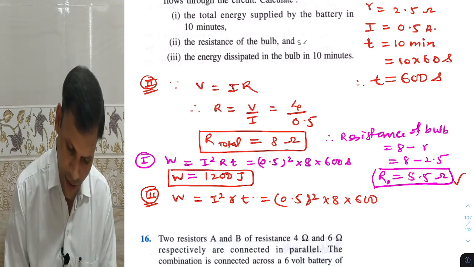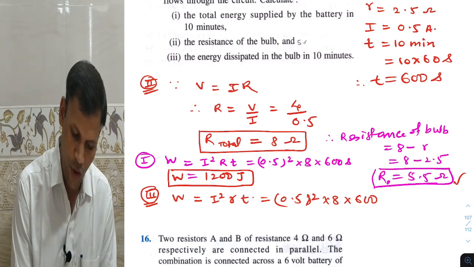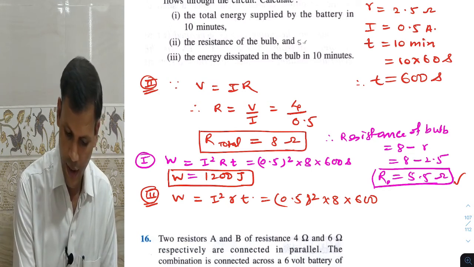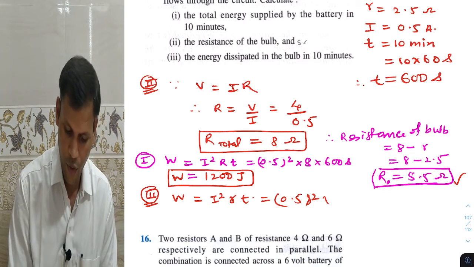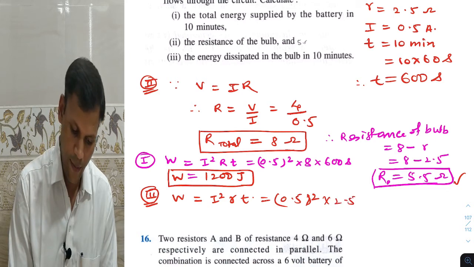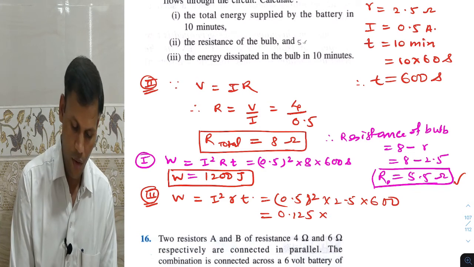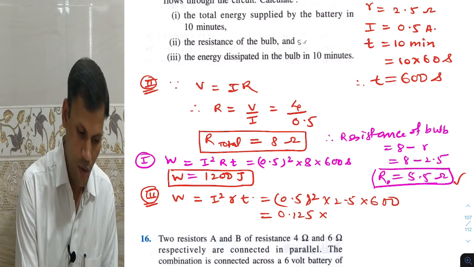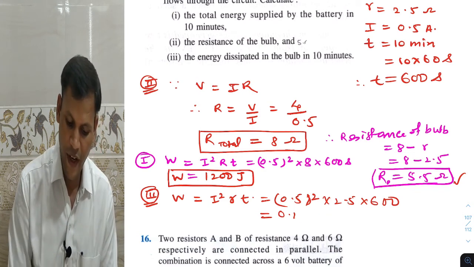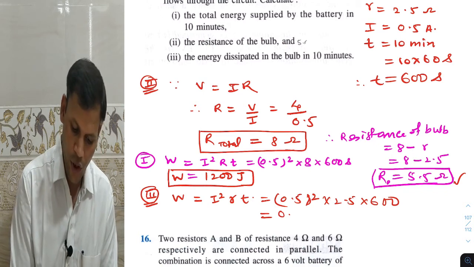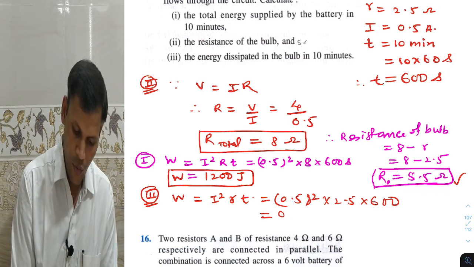Sorry, R I am telling internal resistance is 2.5, not 8. It is into 2.5 into time is 600. Overall calculation we can do, 0.5 to the whole square is 0.25 into 2.5 into 100.